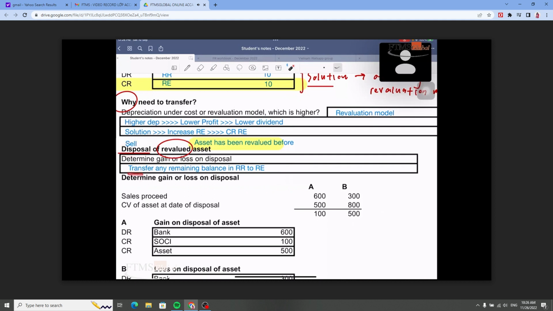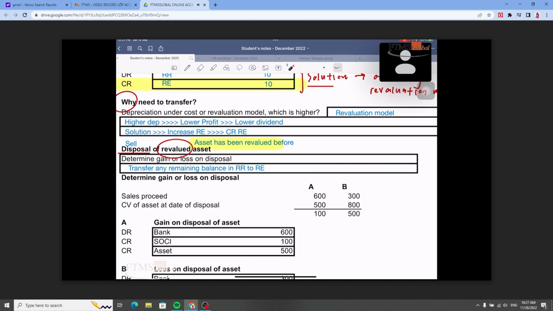If I don't remove it, the balance is still in your RR account. It will still be there. Then 10 years later, somebody asks you, what is this balance of 10,000 in your RR account? What is it relating to?